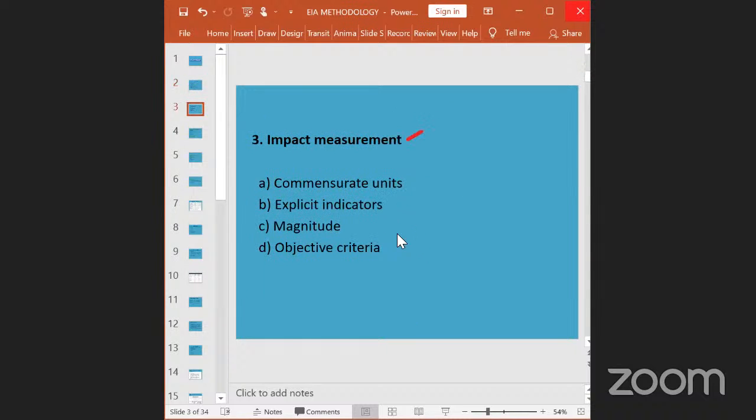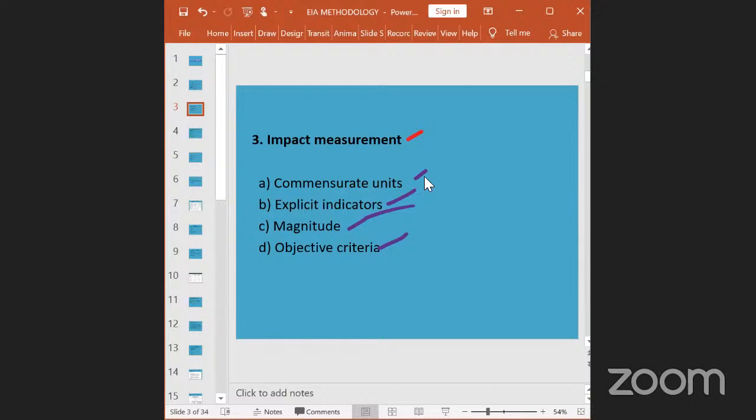And third one is impact measurements. So we have here also 4 steps: commensurate units, explicit indicators, magnitude, and also objective criteria, right? So first one, commensurate units, right?